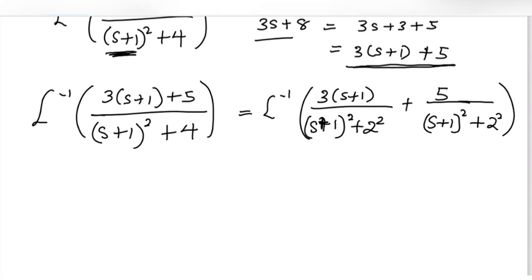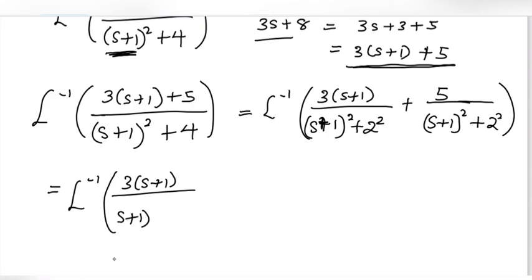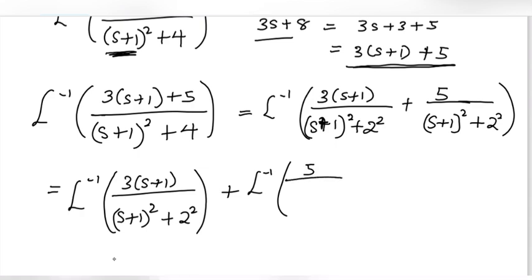Okay, and then by applying linearity, Laplace inverse of 3 into s plus 1 over s plus 1 all squared plus 2 squared plus Laplace inverse of 5 over s plus 1 all squared plus 2 squared.